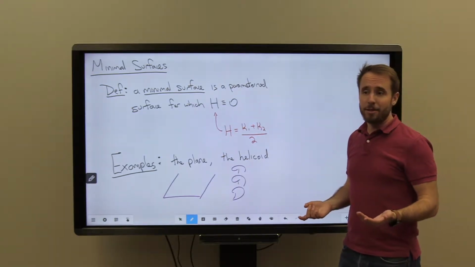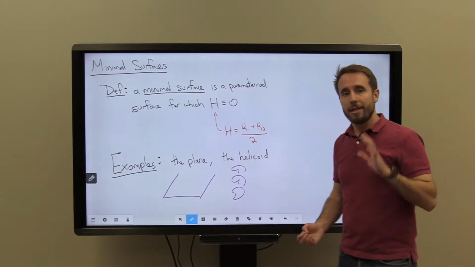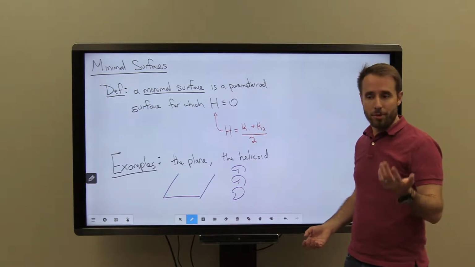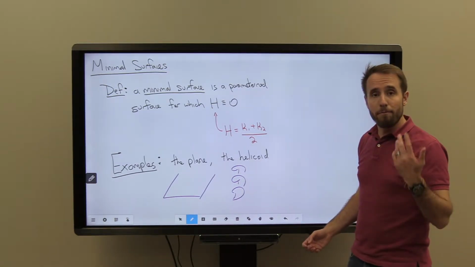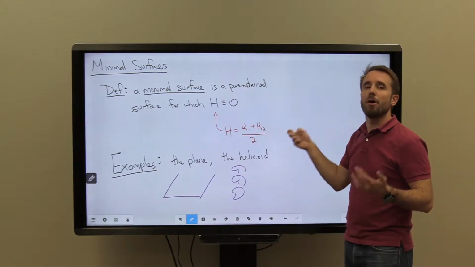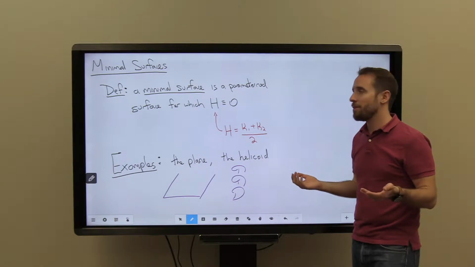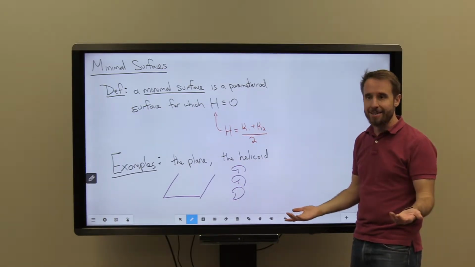On the other hand, the helicoid is a non-trivial surface. So it does curve in space, it has curvature, but it curves in such a way that kappa 1 and kappa 2 are always in perfect balance with each other. Whatever kappa 1 is, kappa 2 is negative that.